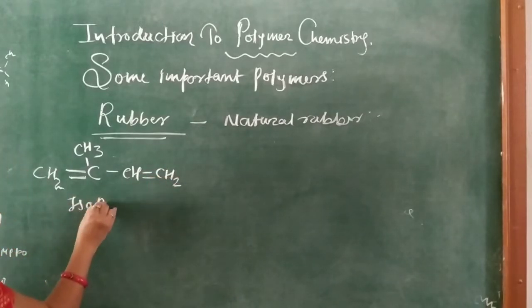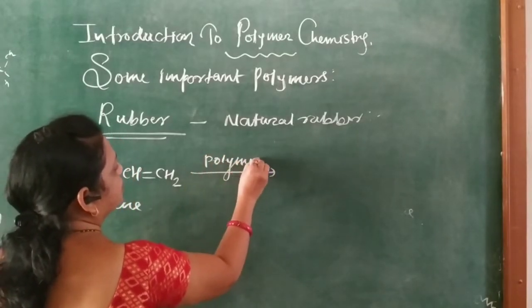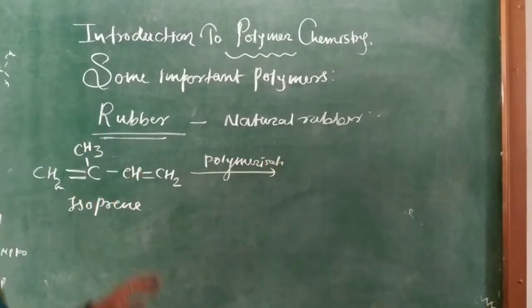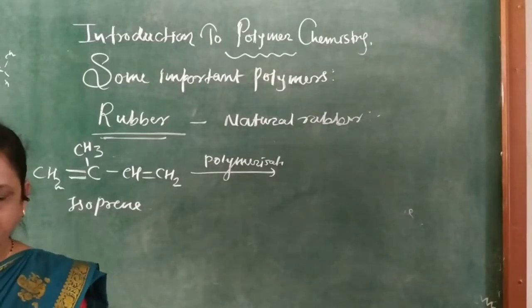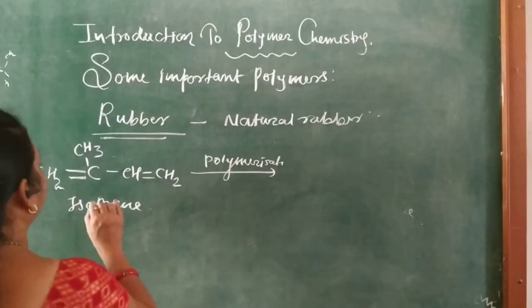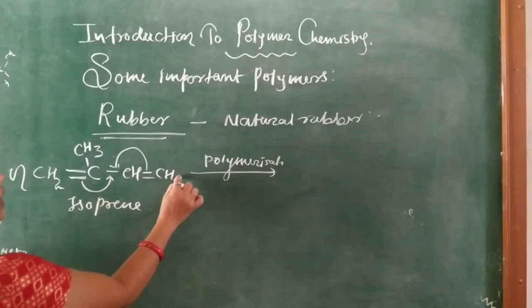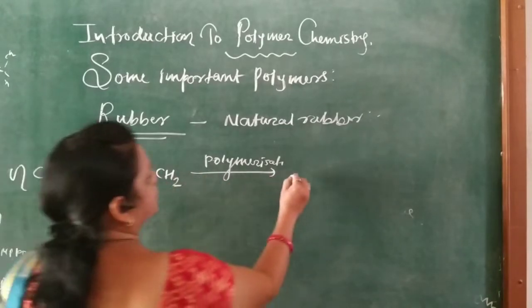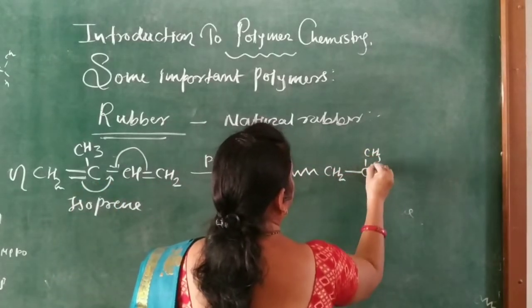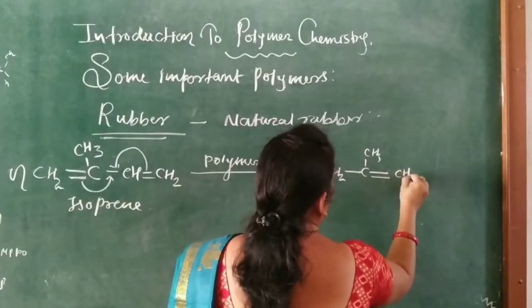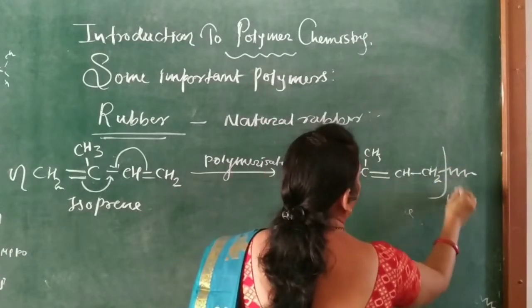When n isoprene units undergo polymerization, we get C with CH3, a double bond, CH and CH2 in a repeating chain.